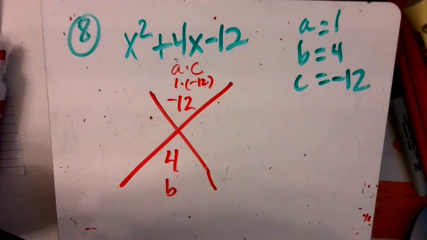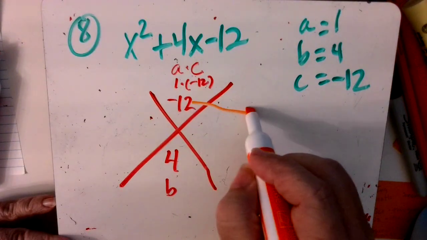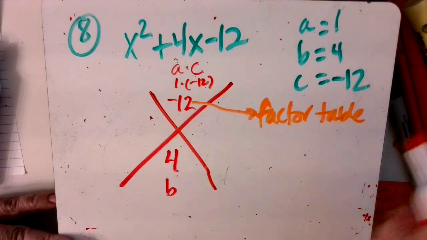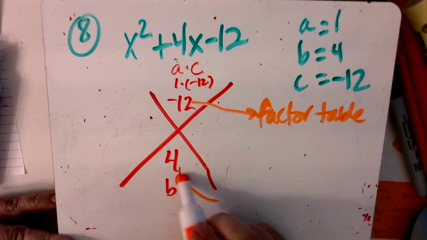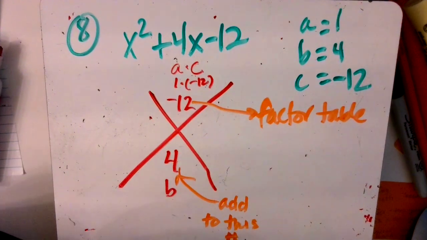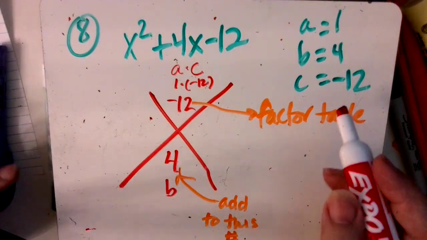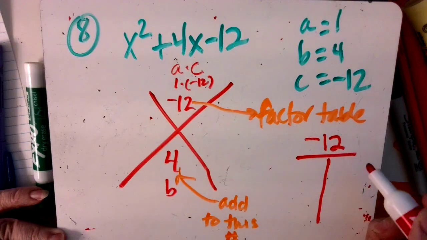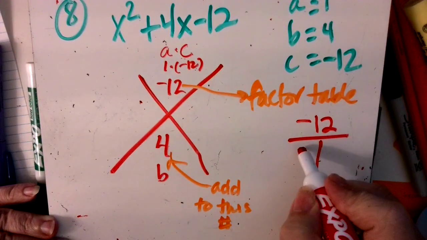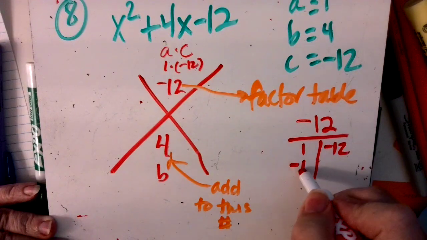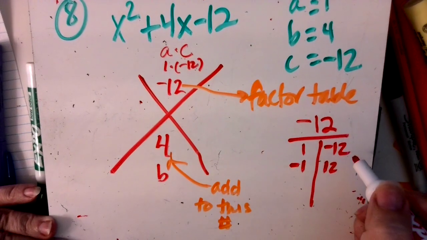Then, again, for the top one, I'm going to make my factor table. And then on the bottom, I'm just going to write add to this number. Okay, so let's make our factor table of negative 12. So to get a negative 12, I can multiply 1 times negative 12, or I can multiply negative 1 times positive 12.